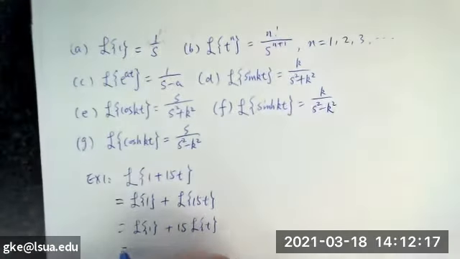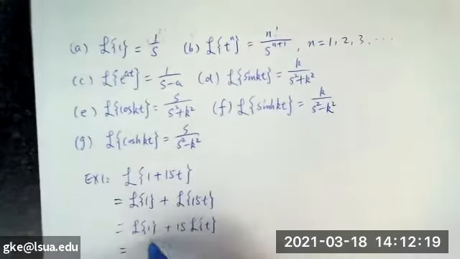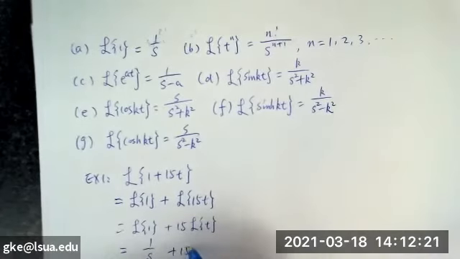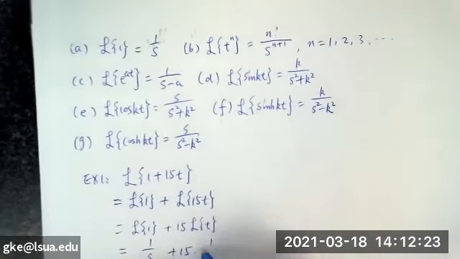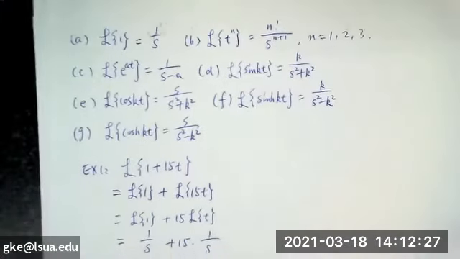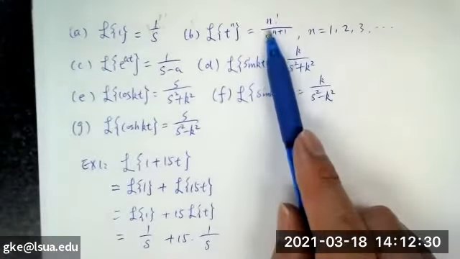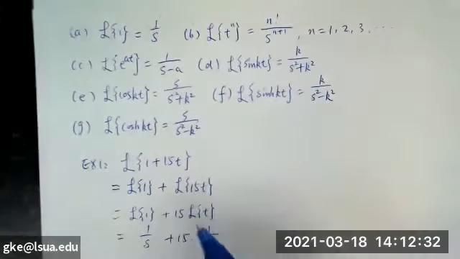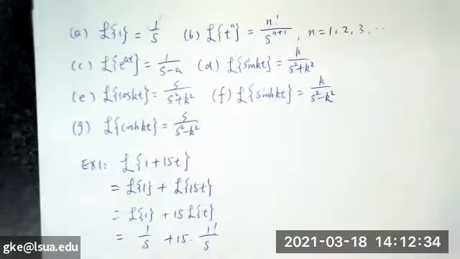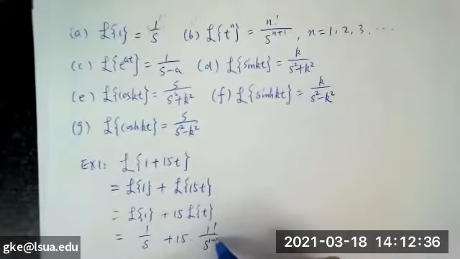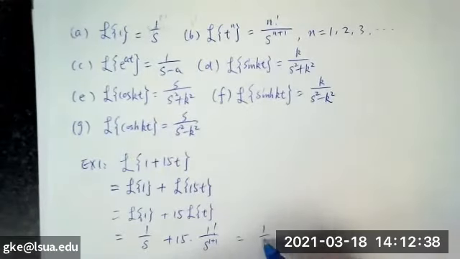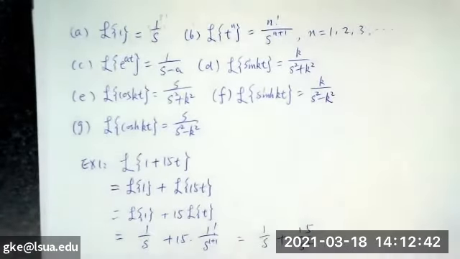And this one is 1 over s. For 15t, n is 1, right? Formula 2 gives 1 factorial over s to the power 1 plus 1, so 1 over s squared. That's it. Okay.